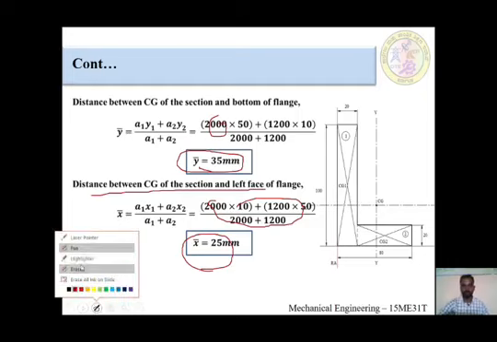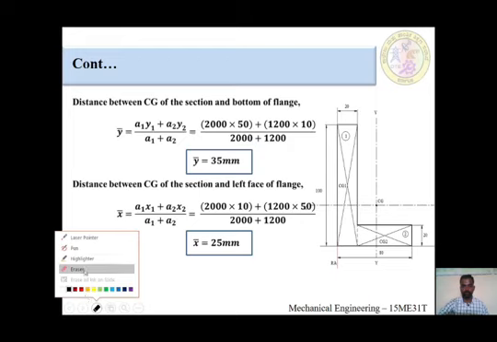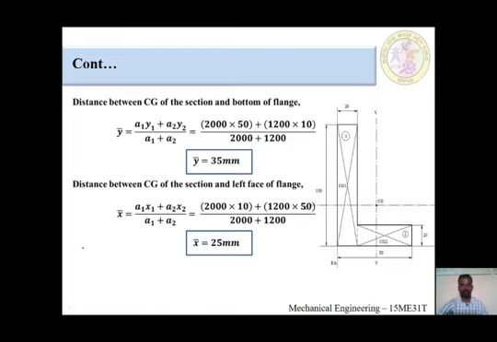Before going to the next slide, I want to mention one thing about this angle section, I mean L section. Why do we have to determine both y bar and x bar? In the previous I section and T section problems, we only solved for y bar.